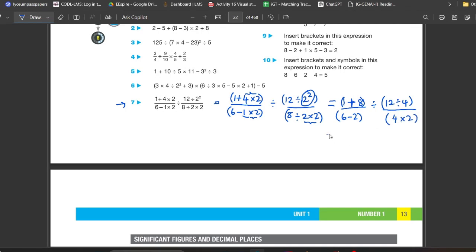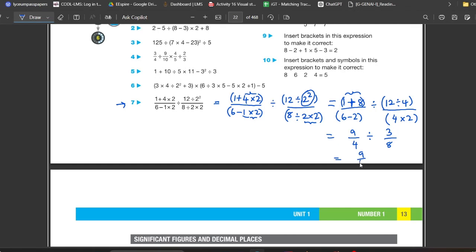So then there is only one operation, so we can remove the brackets by getting a single number. So 8 plus 1 is 9. 6 minus 2 is 4. Divided by 12 divided by 4 is 3. Over 4 times 2 is 8. Now this becomes a simple division of fractions.